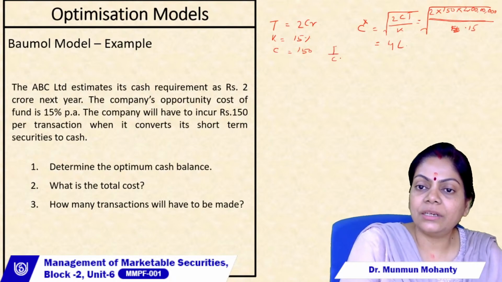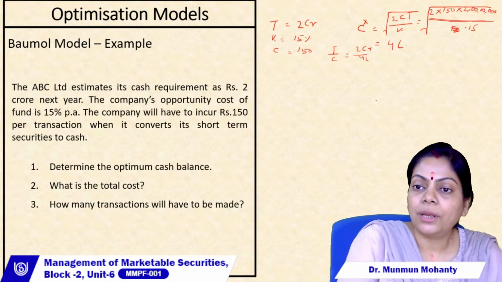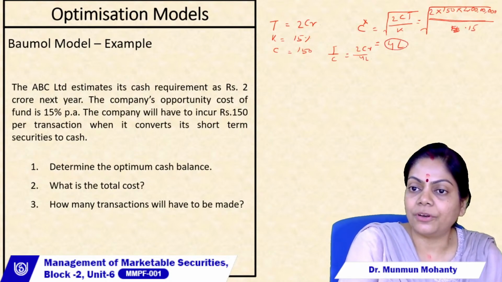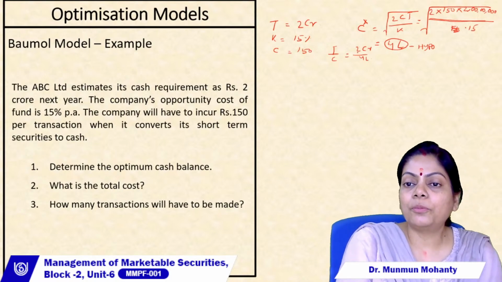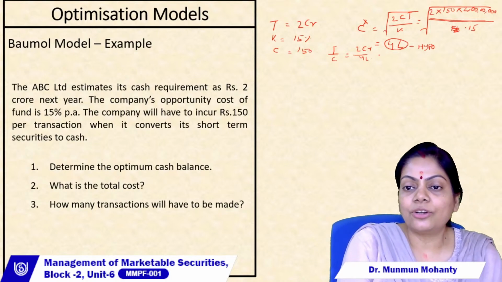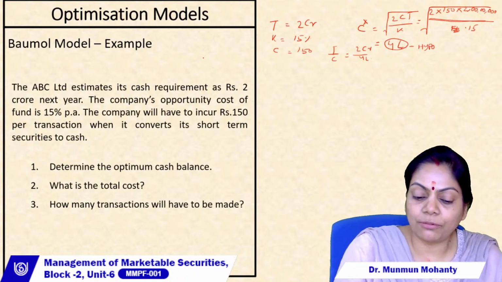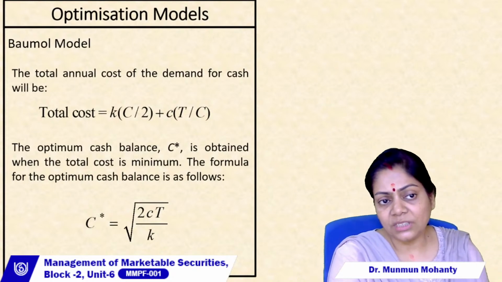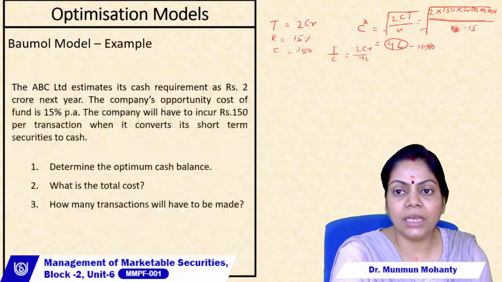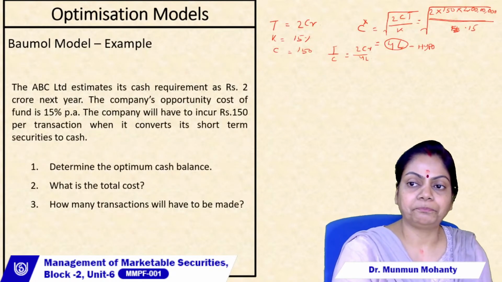It will be T by C, that is 2 crore by 4 lakh. Please keep in mind that this is a hypothetical figure; I have not actually calculated it. Then what is the total cost? You can use the formula for computing the total cost. So that is how you can maintain the optimal cash balance using the Baumol's model.